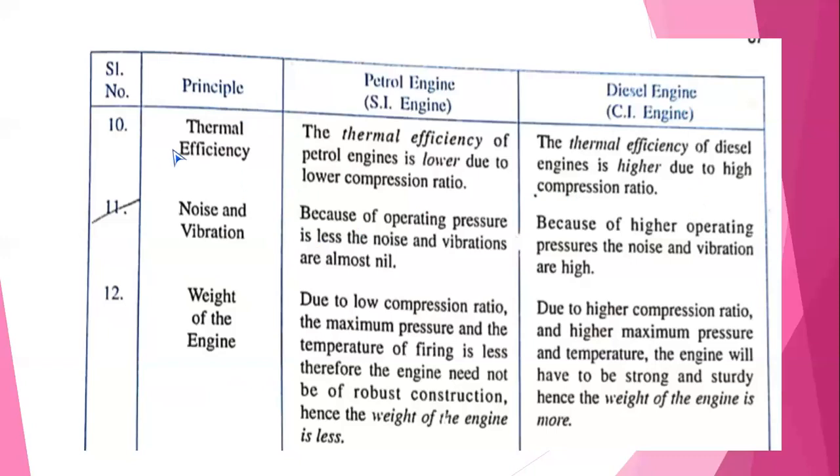In the petrol engine, the fuel, that is the petrol, and air are ignited by the spark, but here it is compression of the air, due to which the ignition takes place. For that reason, the thermal efficiency of the petrol engine is less and that of the diesel engine is high. Next, come to the point, noise and vibration.